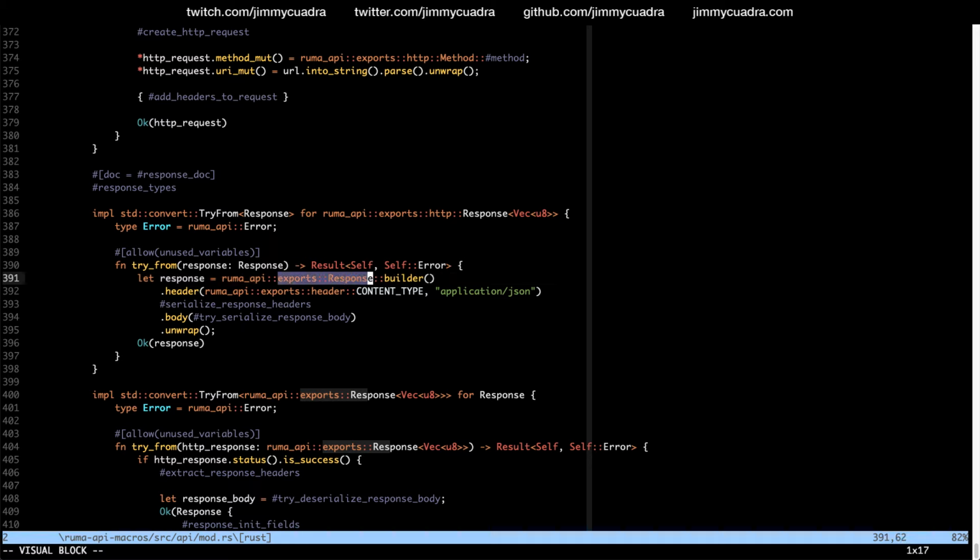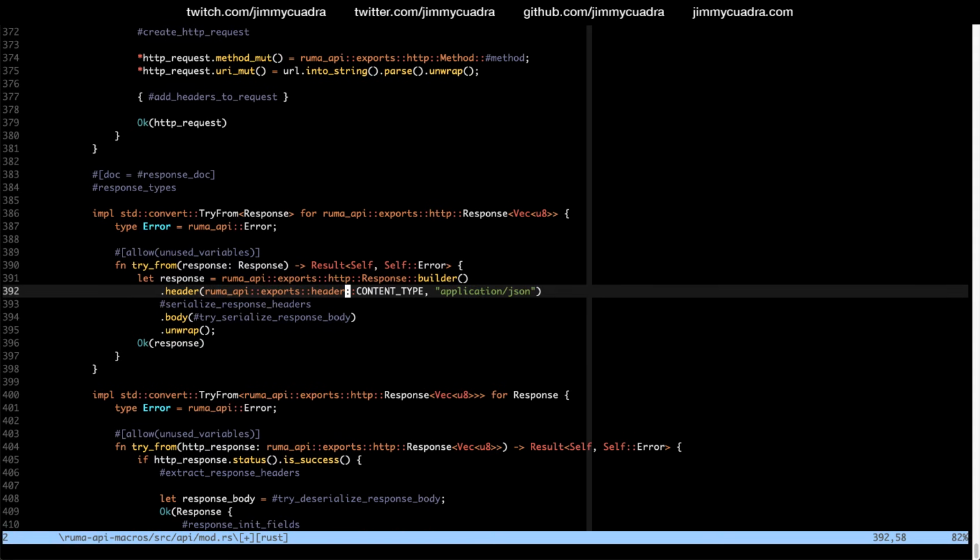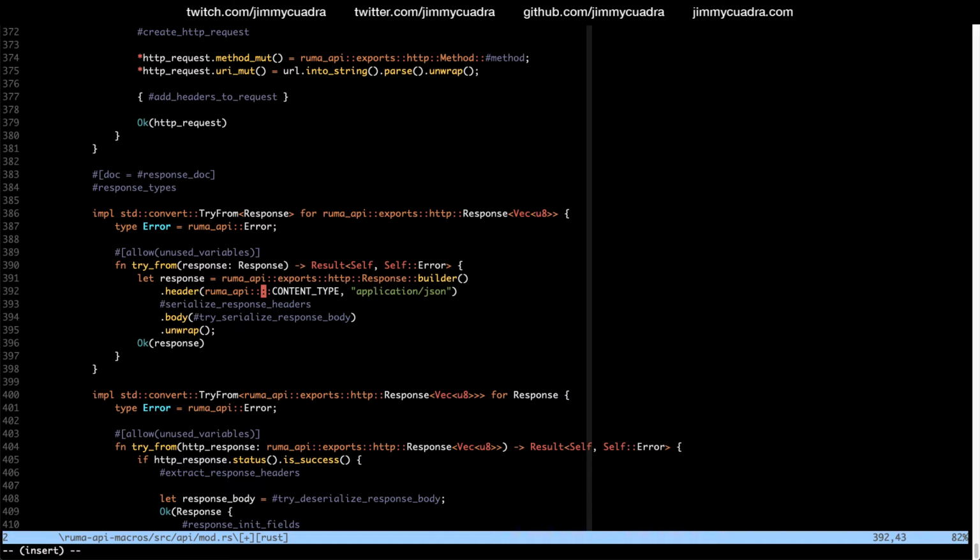That's unfortunate. So exports response is supposed to be exports HTTP response. I don't know how I did that. Somehow when I was using Vim multiple cursors, I didn't actually type HTTP. So same thing, exports, and that seems to be the only occurrence of that. So this should also be HTTP.